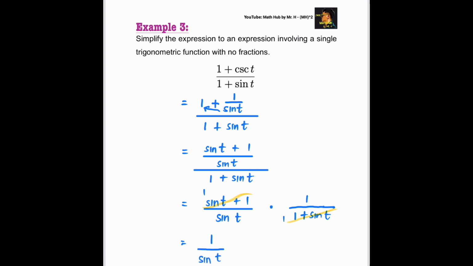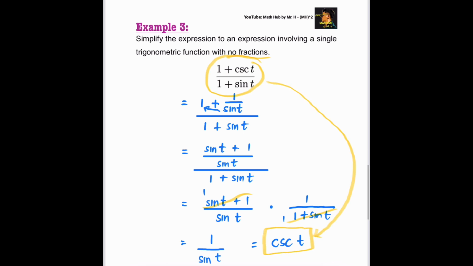Well, technically it's already fine, but because the instruction tells us that there shouldn't be any fraction, right? 1 divided by sine t is equal to cosecant t. And this is the final answer.